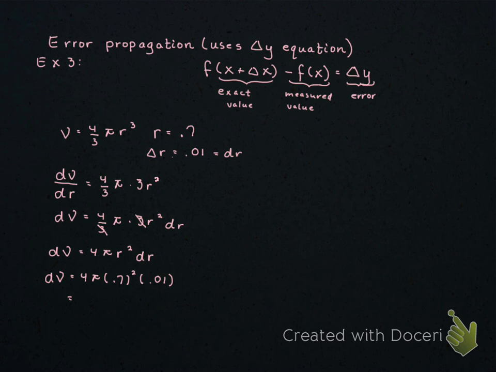And that gives us, let's work on the calculator part of this. So 0.7 squared times 0.01 times 4 times, and I'm using my pi button, okay?